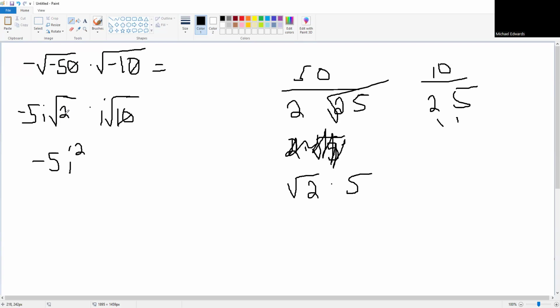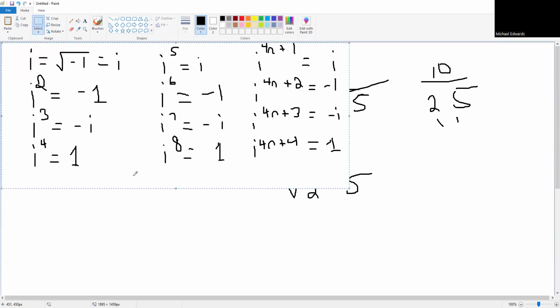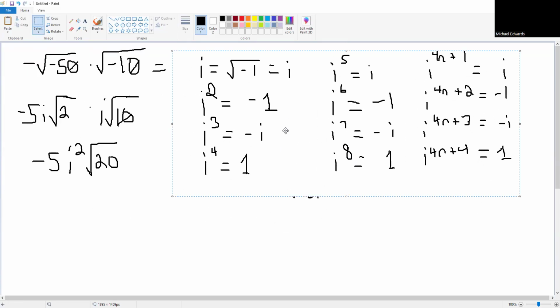And then square root of 2 times square root of 10, which is just the square root of 20. And so we know from this chart that i squared is -1. Since i squared is -1 and there's a negative here, a negative times a negative is a positive. So we're left with 5 square root of 20.